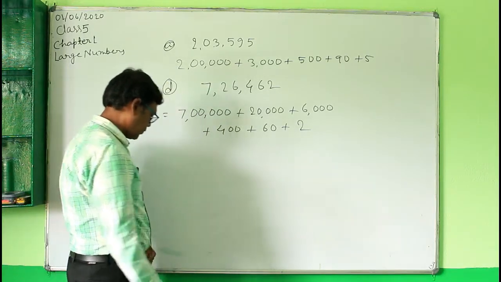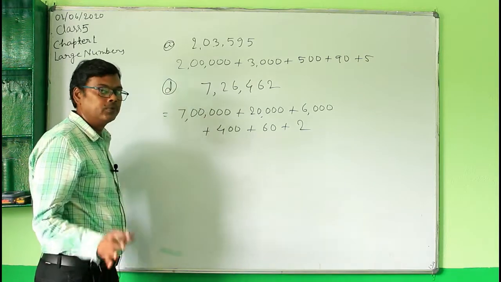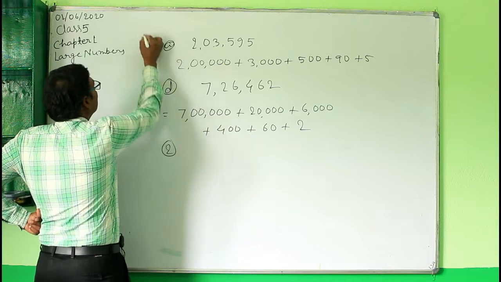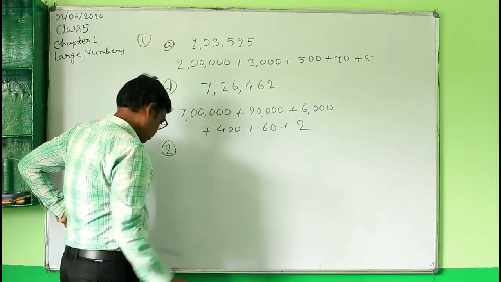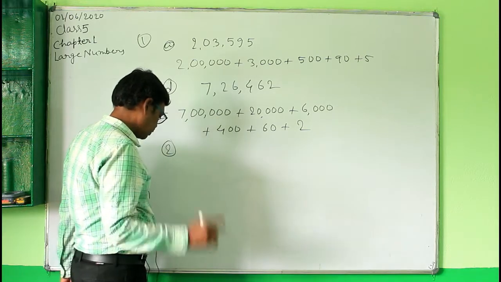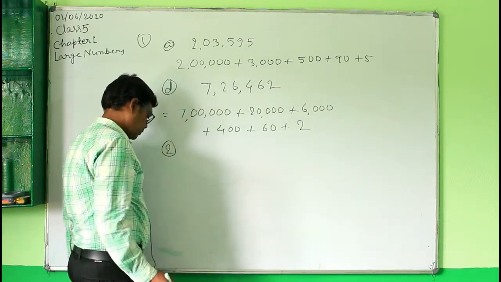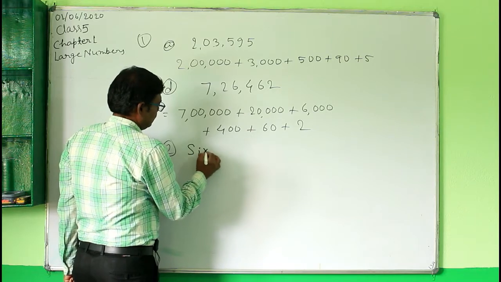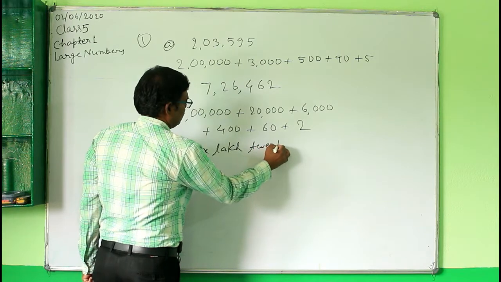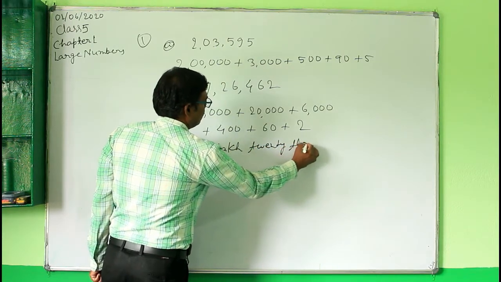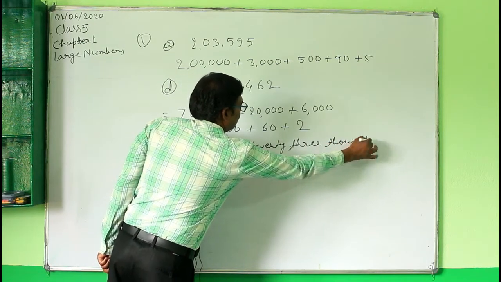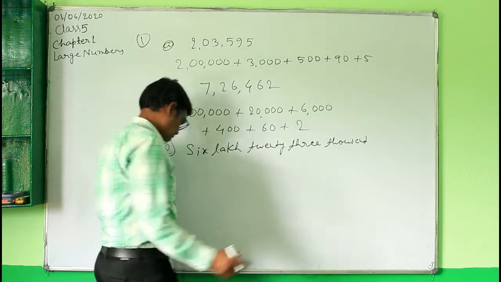Now the next question is number 2. Write the following numbers in the standard form. This is question number 2, and this was question number 1. In question number 2, write the following numbers in the standard form. So the first question is 6,23,000 and 40.